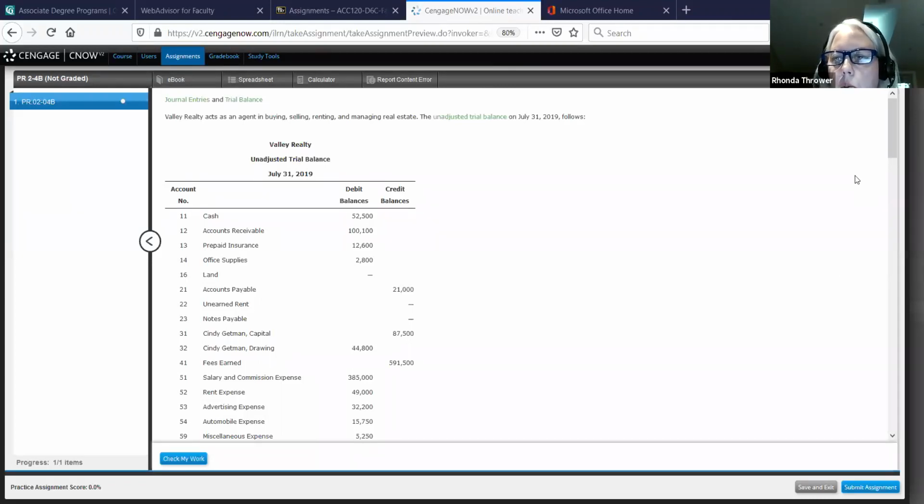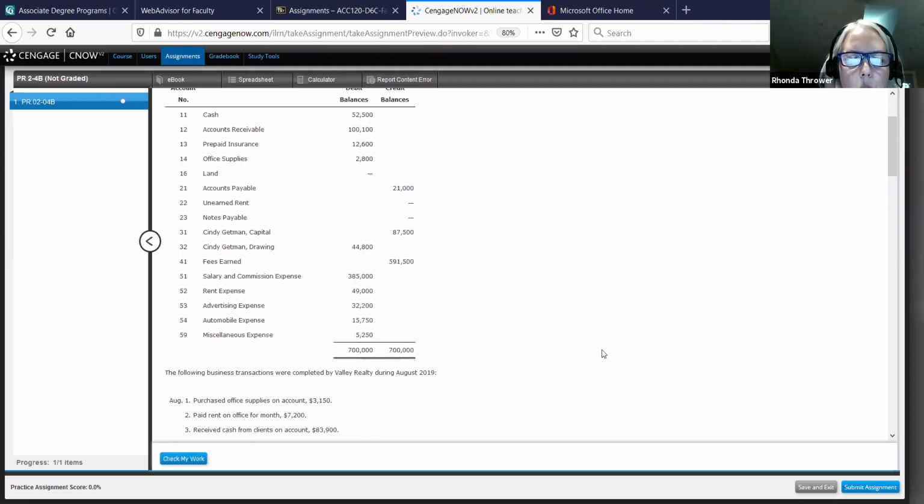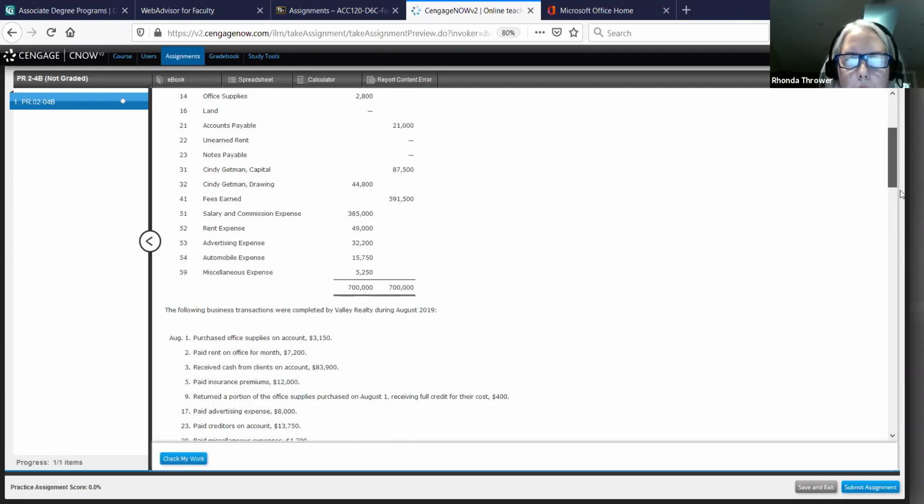We want to look at the dates that we're going to be working in this problem. If you go right below this unadjusted trial balance for July 31st, you can see that we're going to be preparing transactions for the month of August.